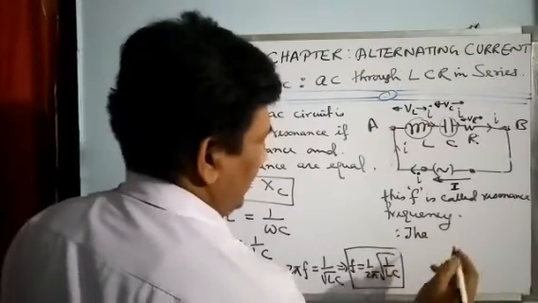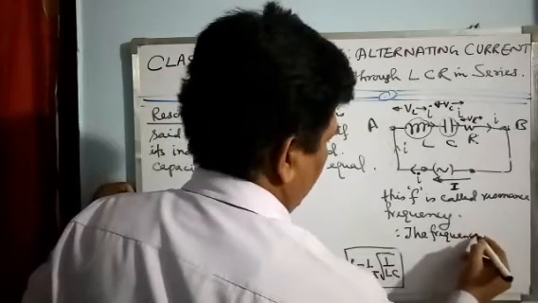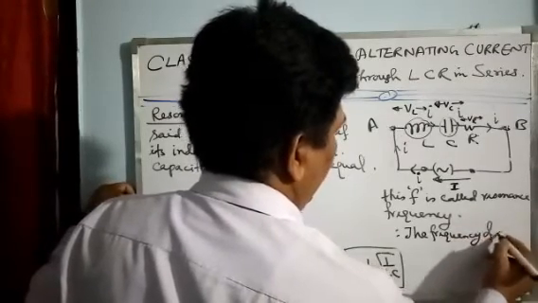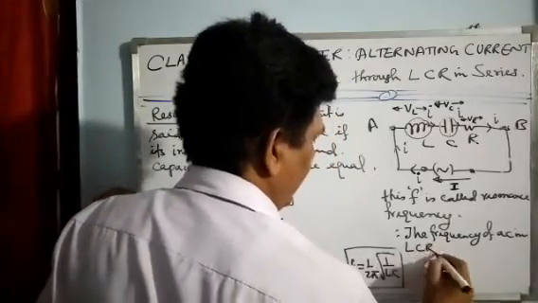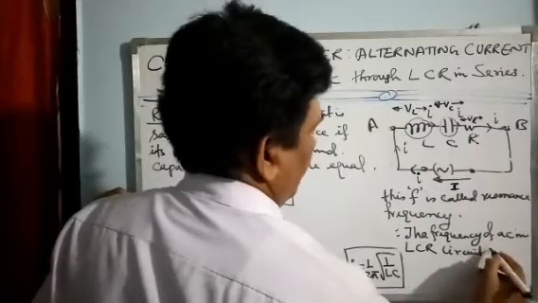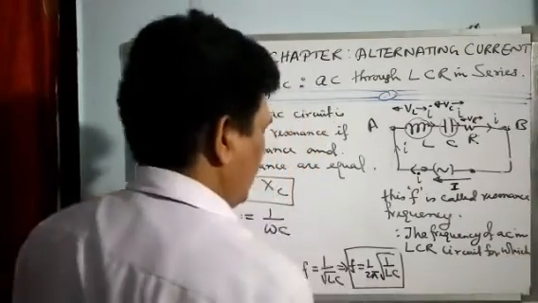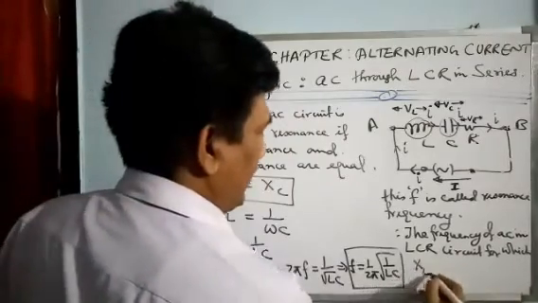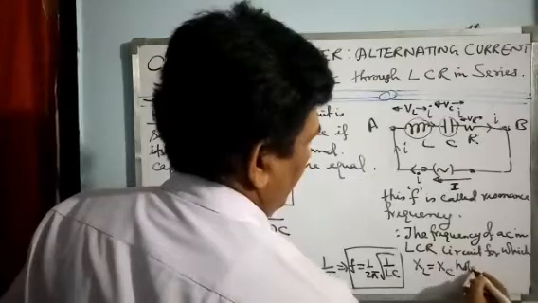The frequency of AC in LCR circuit for which XL equal to XC holds.